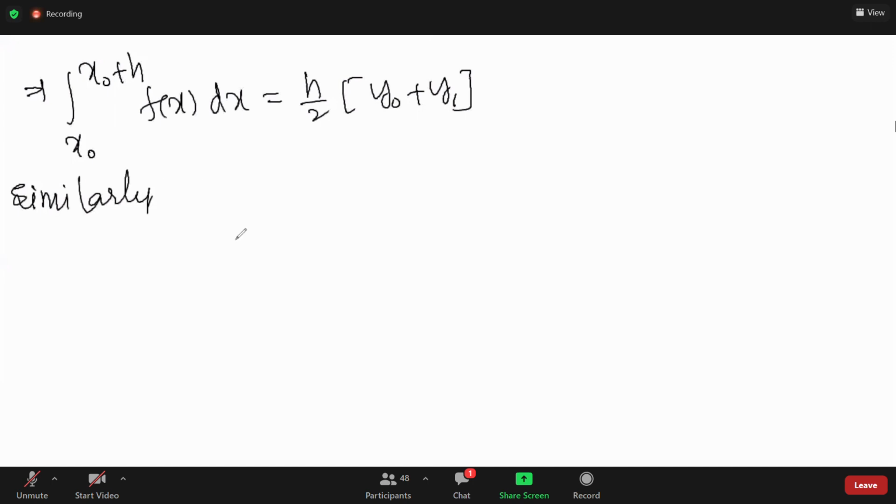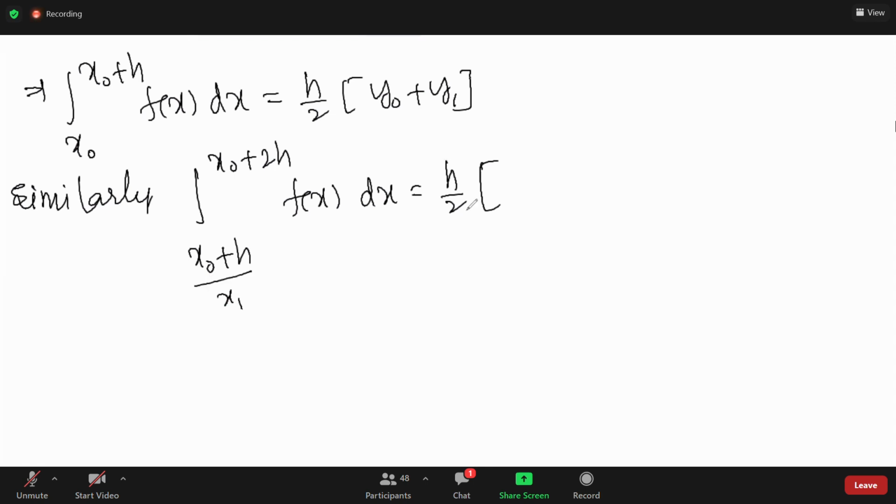Integration from x0 plus h to x0 plus 2h f of x dx is equal to h by 2 into, here in the first subintegral the lower limit is x0, then we got the result in terms of y0 and y1. Here the lower limit is x1, so we get the result in terms of y1 and y2.